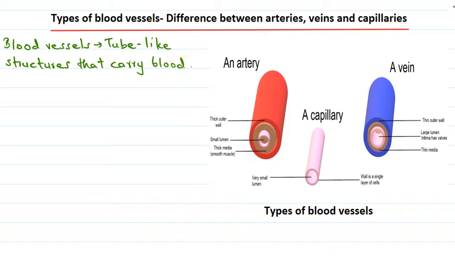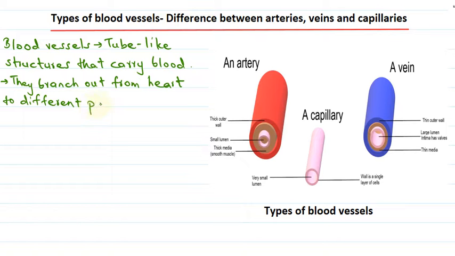They branch out from the heart to different parts of the body. So blood vessels are tube-like structures. They help in carrying of the blood and they branch out from the heart to different parts of the body.